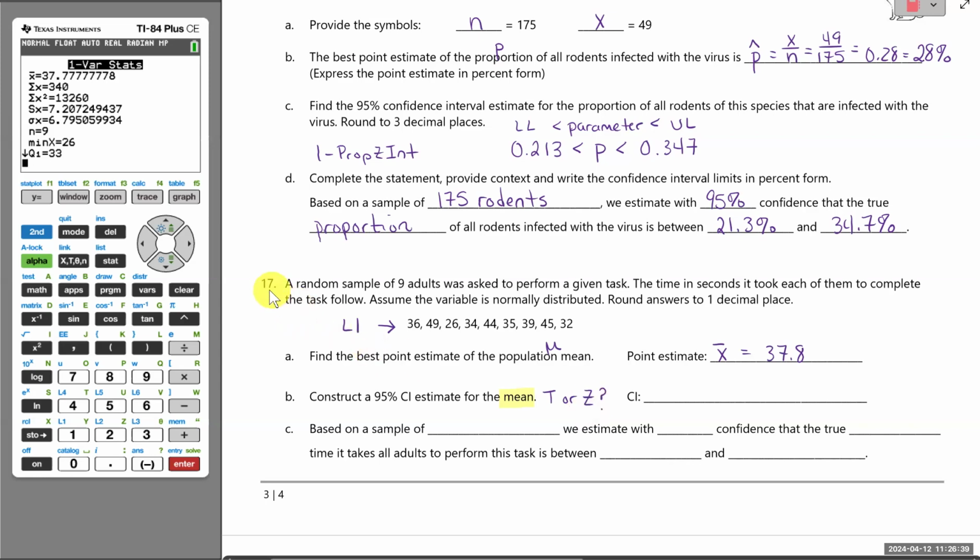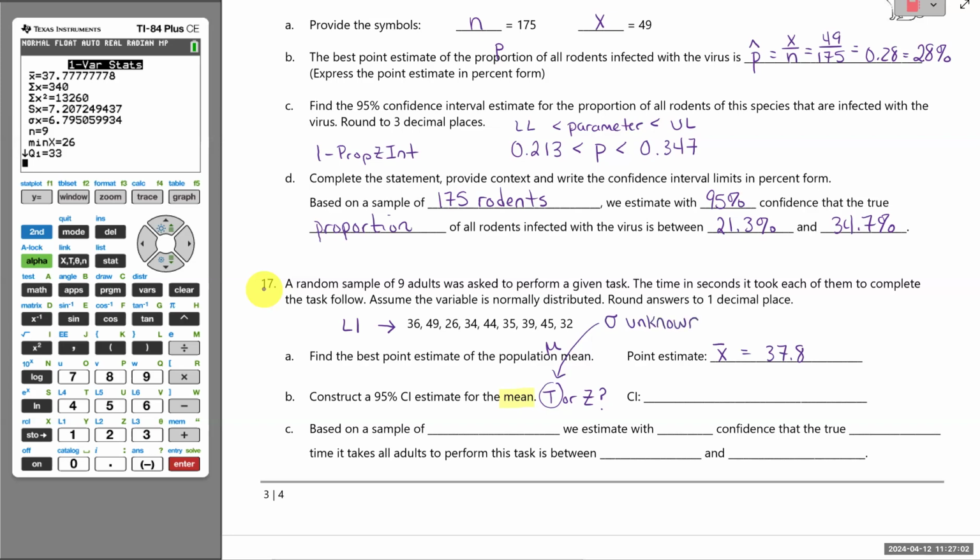So when we read that question, they don't mention a population standard deviation value in any way. So if we don't see population standard deviation, we know that we're going to go with a t interval. So we would say it's a t interval because population standard deviation is unknown.